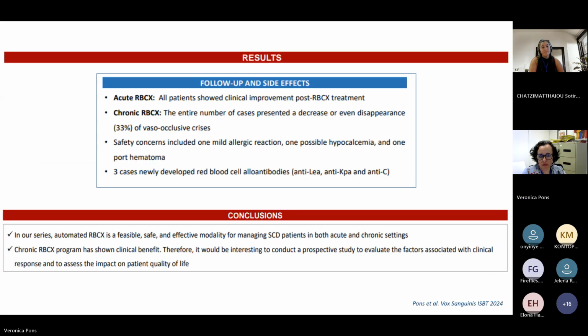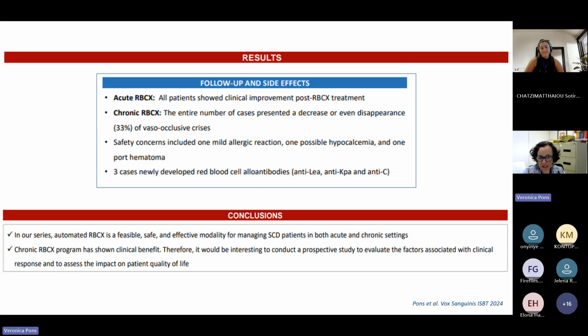About follow-up and side effects, all patients showed a clinical improvement, and I have to say that in the chronic exchange program, 33% of patients reported even a disappearance of crisis. I was very happy about this.